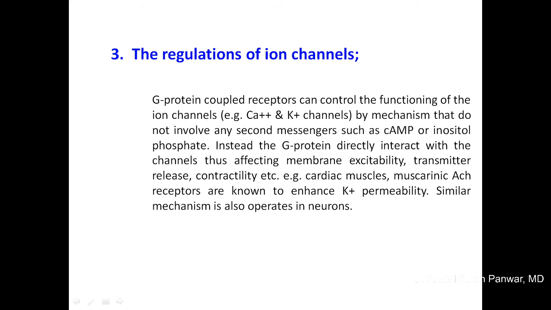Instead, the G protein interacts directly or indirectly with the channel, thus affecting membrane excitability, transmitter release, contractility, etc. In cardiac muscles, muscarinic acetylcholine receptors are known to enhance potassium permeability. A similar mechanism also operates in neurons. So this is about the three types of the G protein coupled receptor mechanisms.